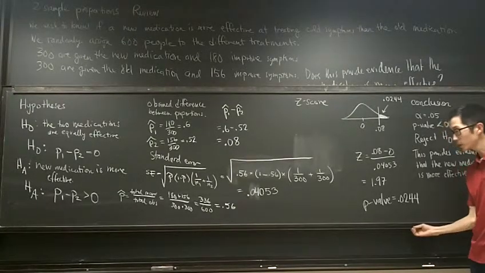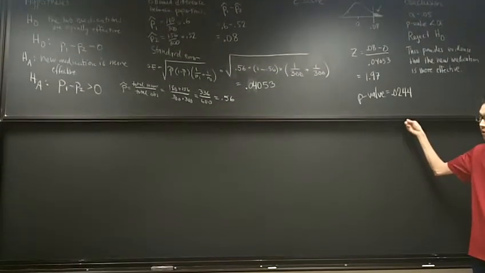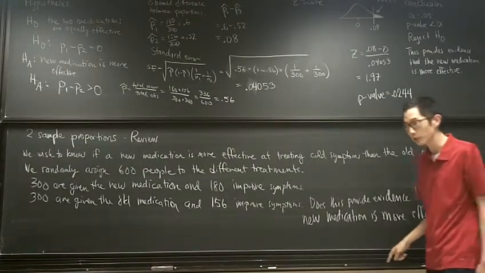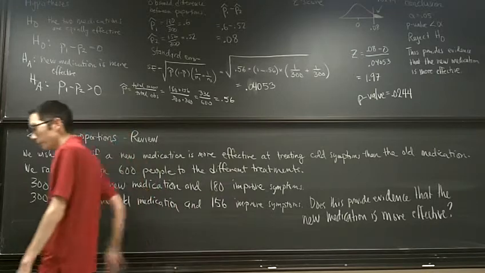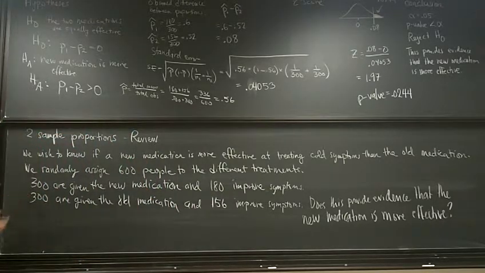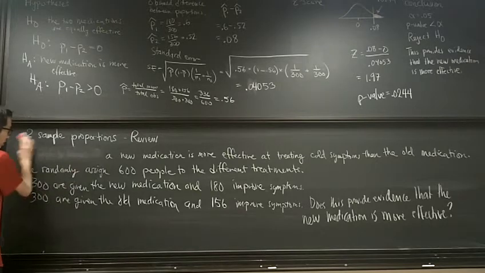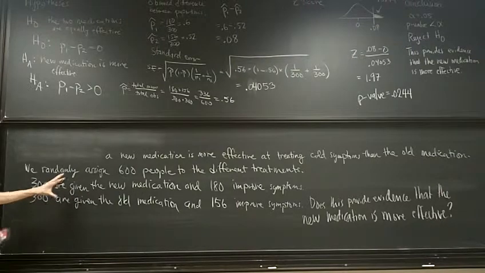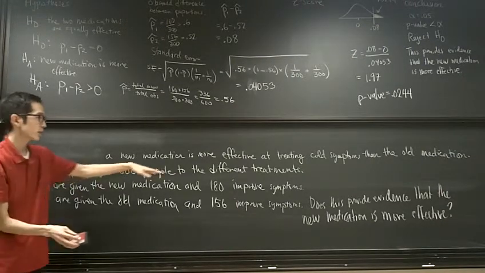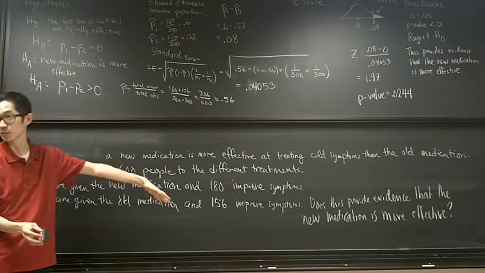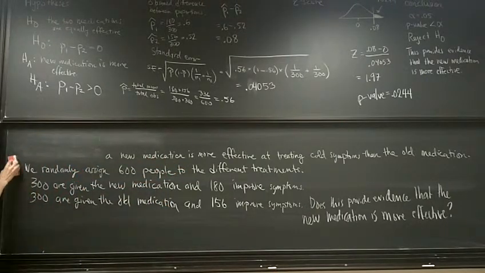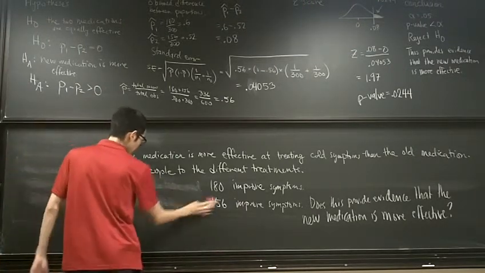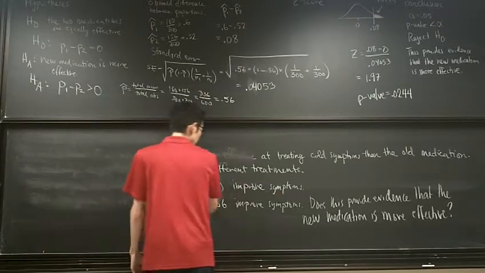Okay. Well, we're going to move on then and dig into chapter 9, which is pretty similar, except rather than dealing with proportions, we're dealing with the mean. So chapter 8 and all of this proportion business is for categorical variables, right? They improved symptoms, they did not improve symptoms. That's a categorical variable. In chapter 9, we're going to be dealing with numeric variables.